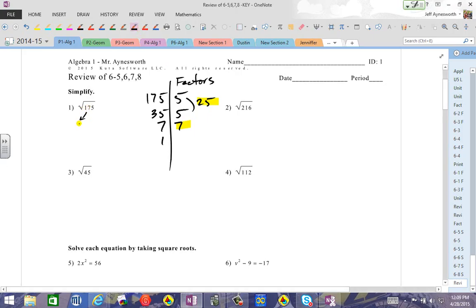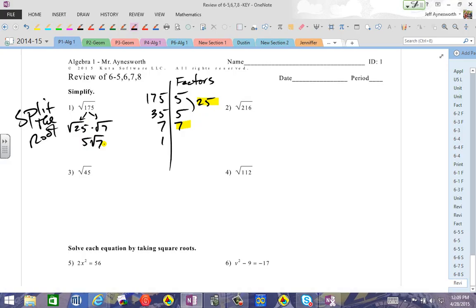So when you split the root, you go root 25 times root 7. Right down in the margin, split the root. The square root of 25 is just 5, so you have the answer 5 root 7. That's all there is to it. That's probably the simplest way. Let's just leave it as that.